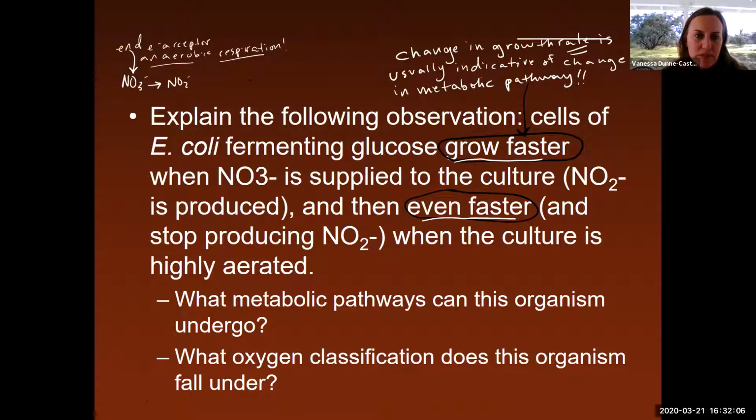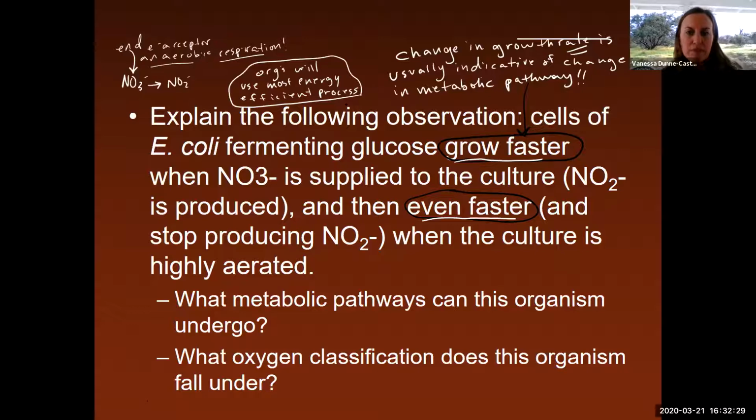Organisms will use the most energy efficient process. Just think about that. They'll use the most energy efficient process at any time possible. Okay, with this information, we should be able to answer these questions.